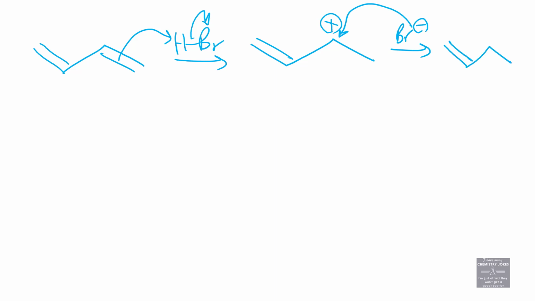Bromide attacks the carbocation, and here we are. That is called the 1,2 product, because if this is carbon 1, that is carbon 2, where did the hydrogen get added? The hydrogen got added to carbon 1, and the bromine got added to carbon 2. This is a 1,2 product, because the two things that got added to the alkene got added at 1 and 2.